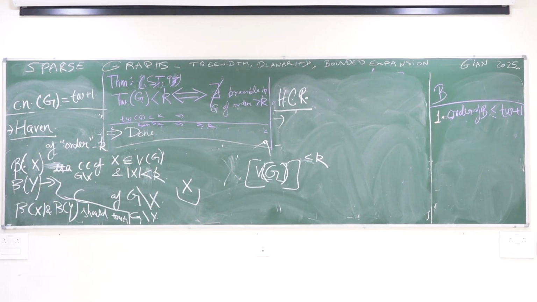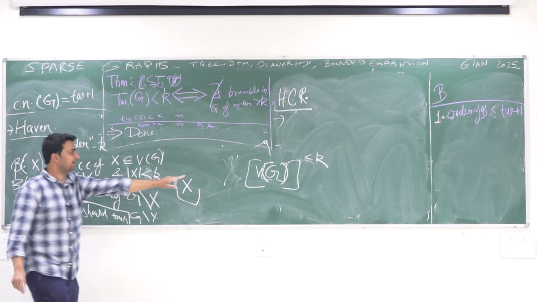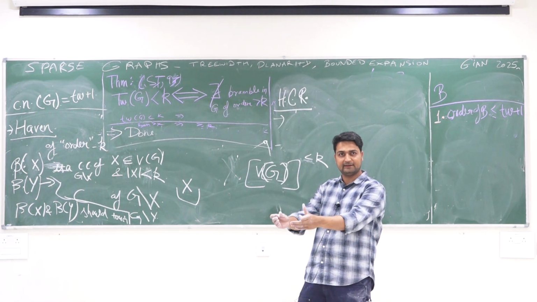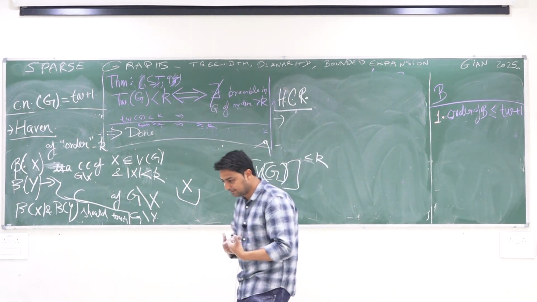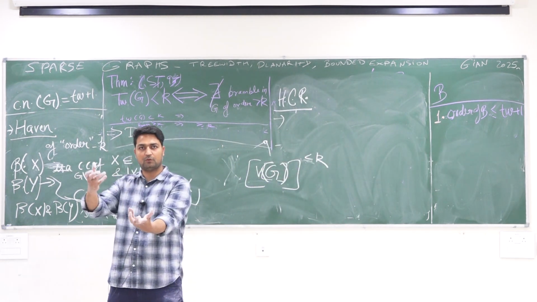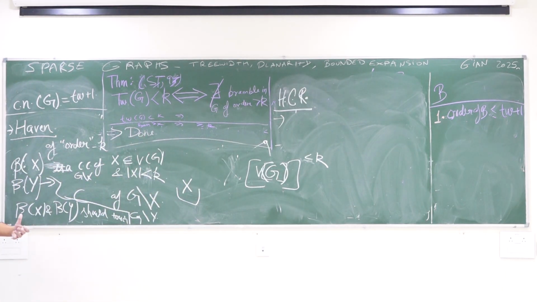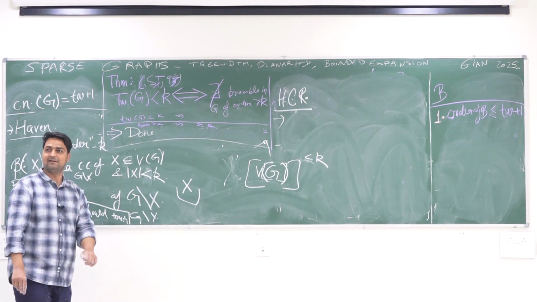So for every subset of V G of size at most k, you define a connected component of G minus this set, and all these components must touch, for all possible x.